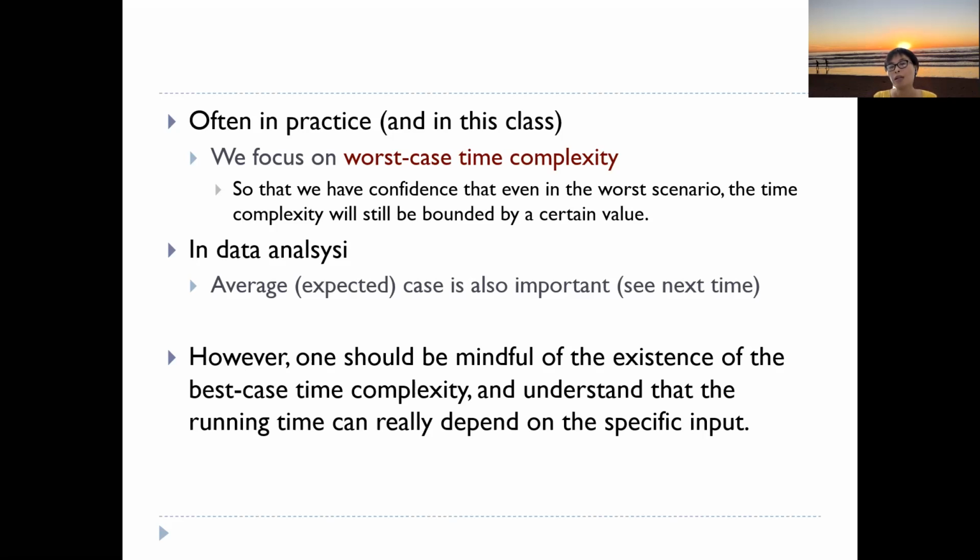In general, the worst case and the average case time complexity analyses are more prominent in practice. The worst case gives you confidence that even in the worst case, this algorithm is efficient, while the average tells you how the algorithm performs in general. So those are what's usually used in practice.